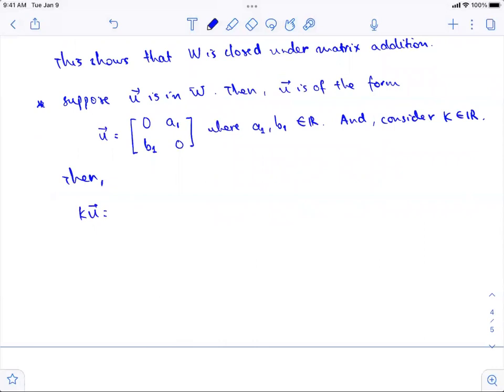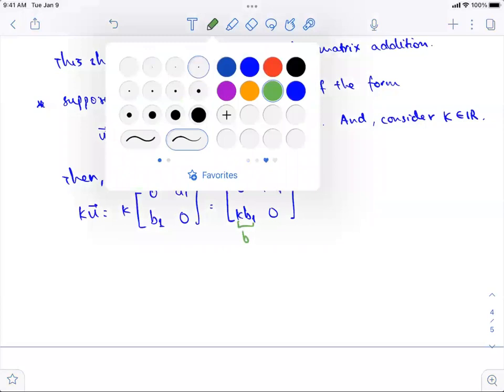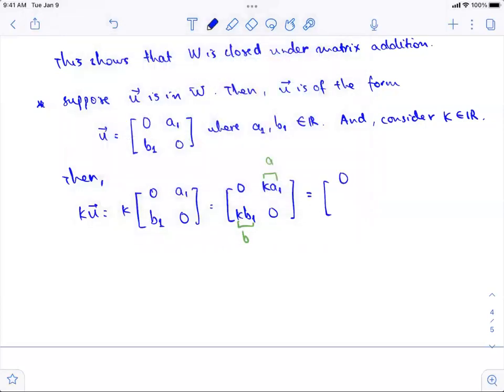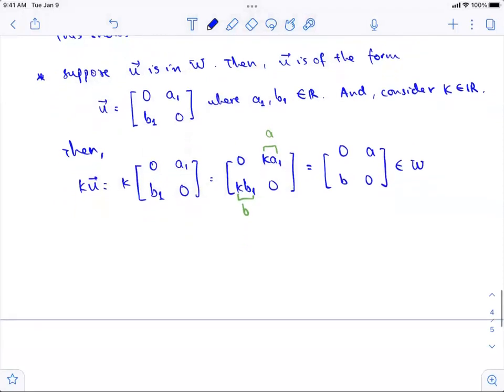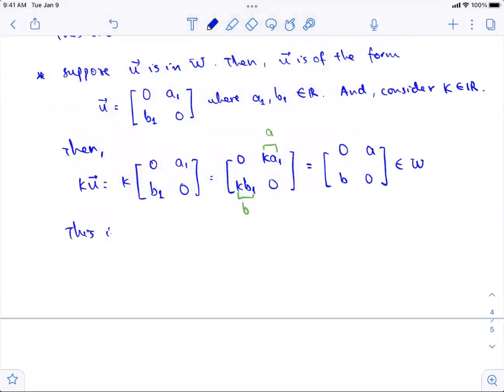K times U equals K times [0, A1; B1, 0], which equals [0, K A1; K B1, 0]. If we let K times A1 be A and K times B1 be B, then this scalar multiple has the form [0, A; B, 0] and is also in W. So W is closed under scalar multiplication.